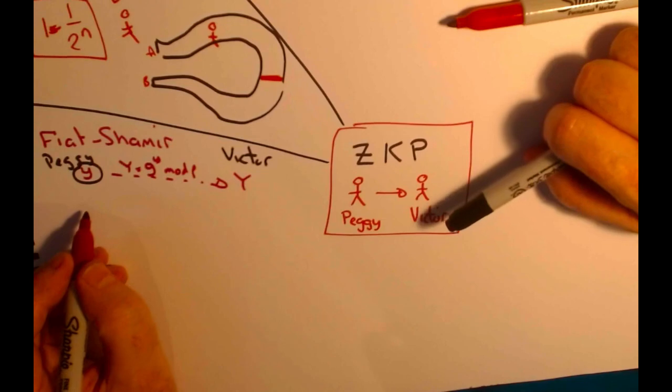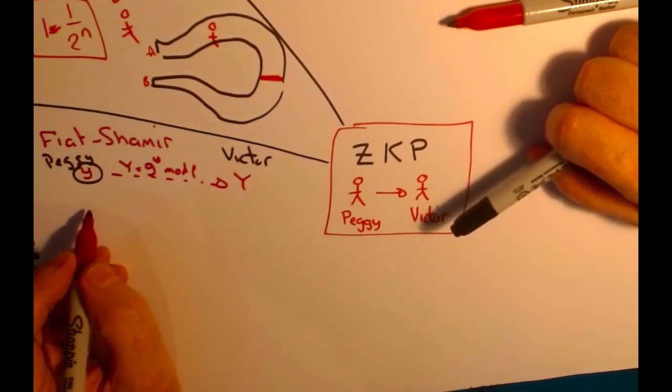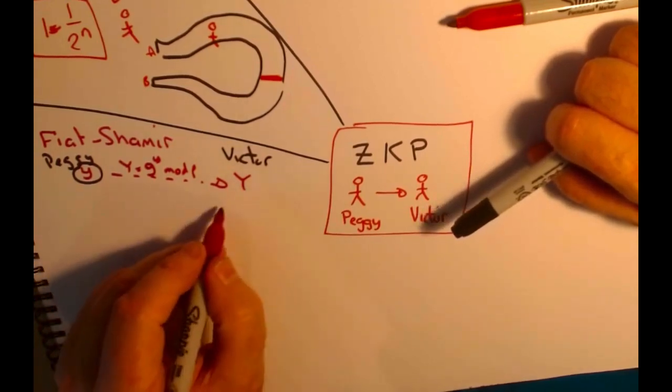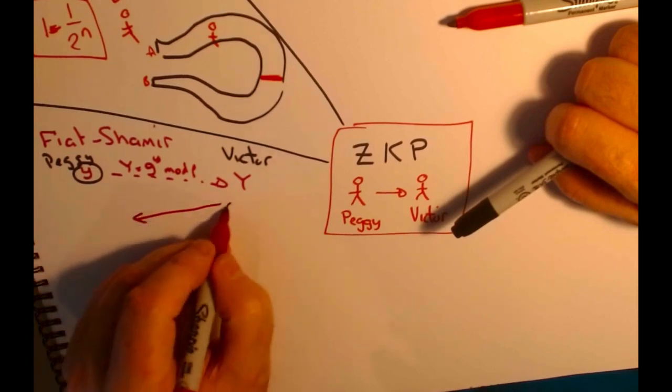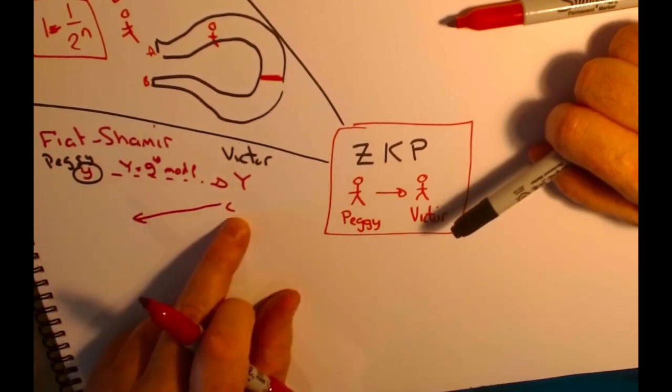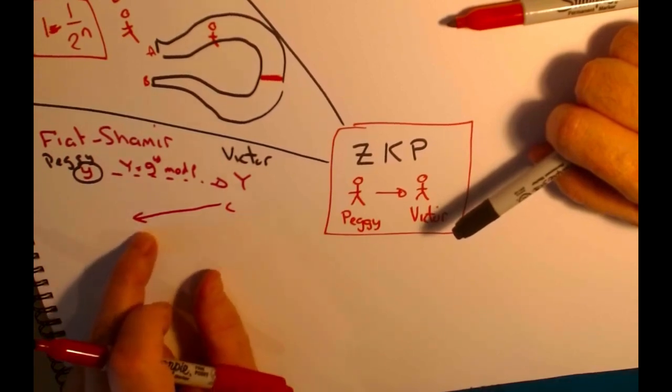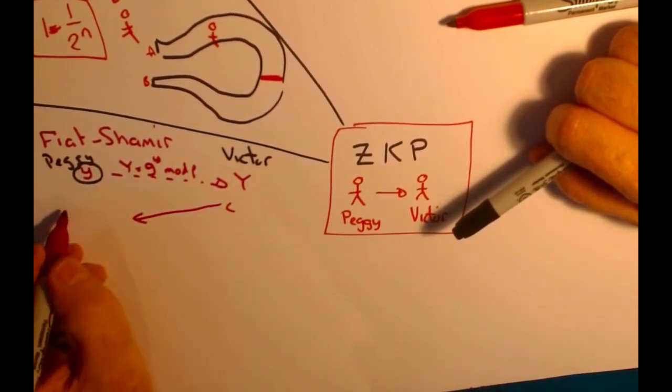So now we will generate a challenge. So Victor sends over a value of C in this case, and Peggy will generate a new random value.